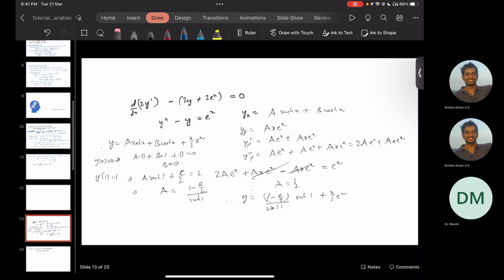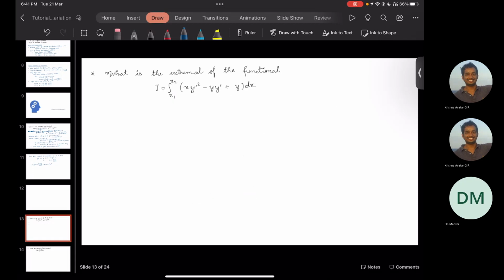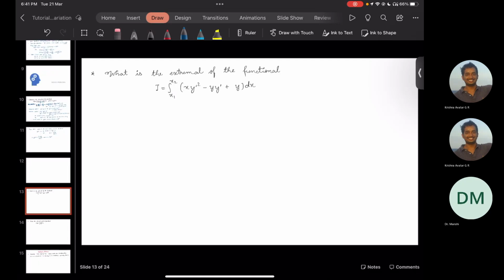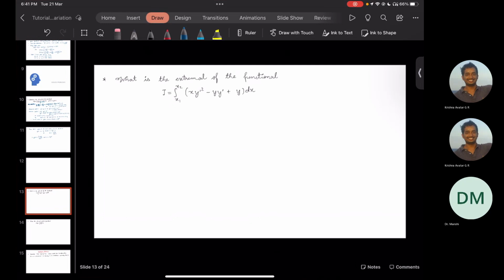Now let's move to the next problem. It says, what is the extremal of the function I, the integral with integrand involving x squared?